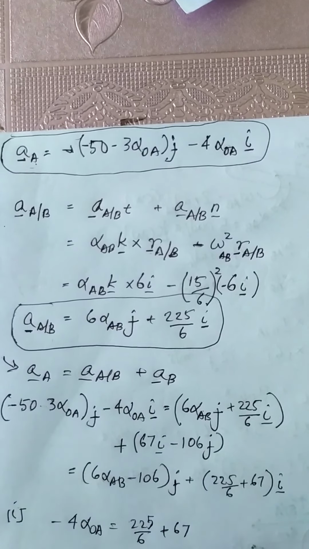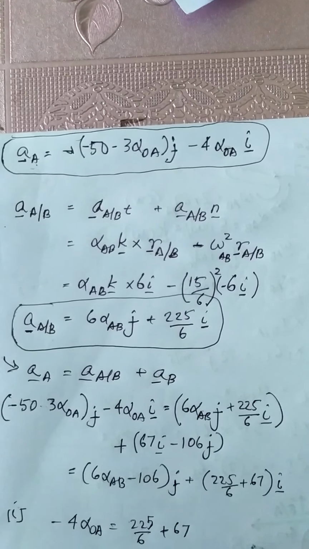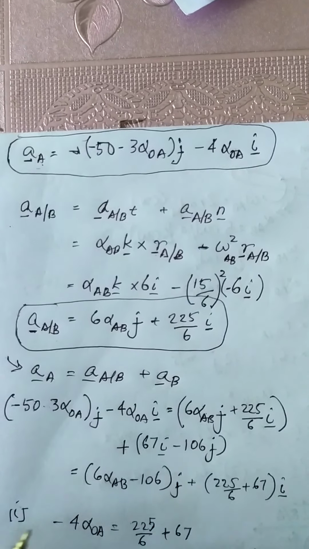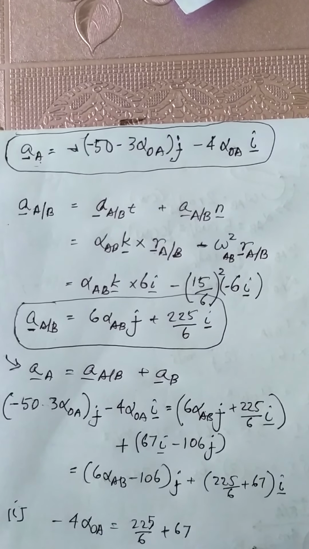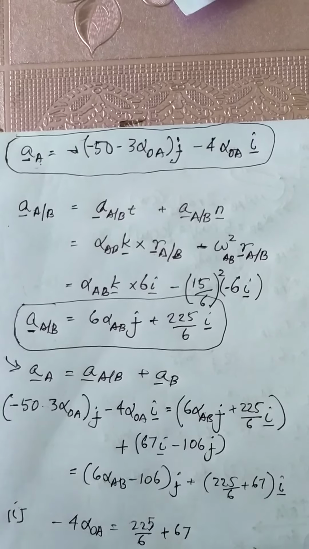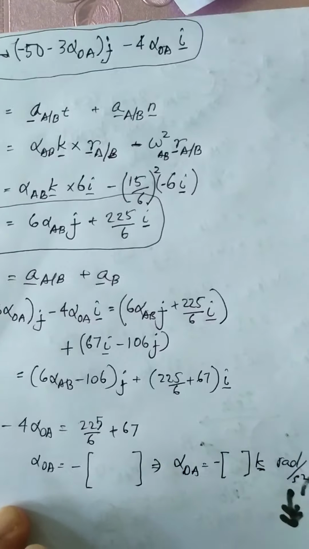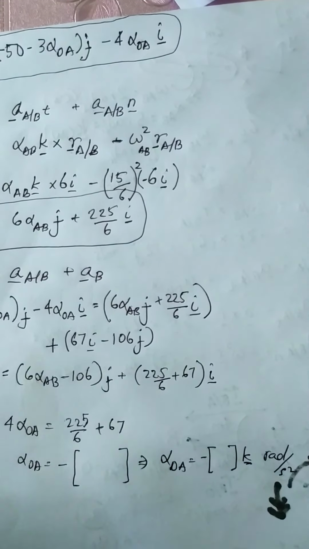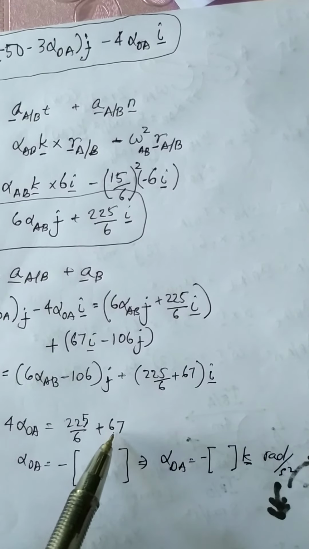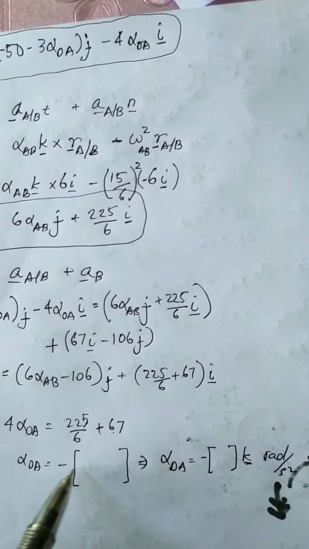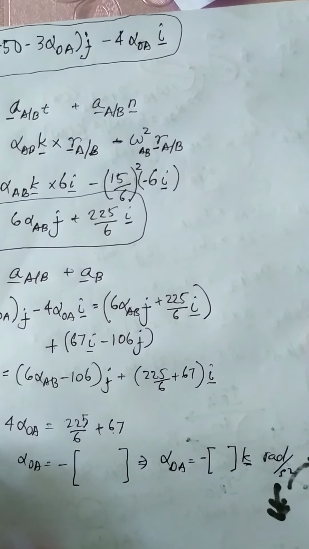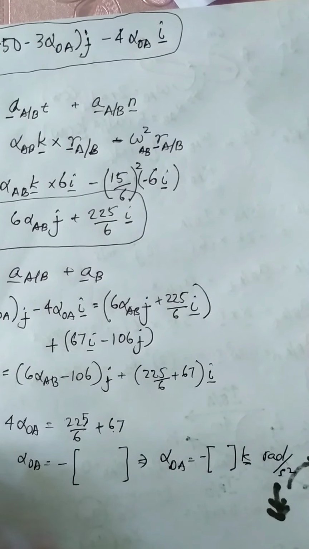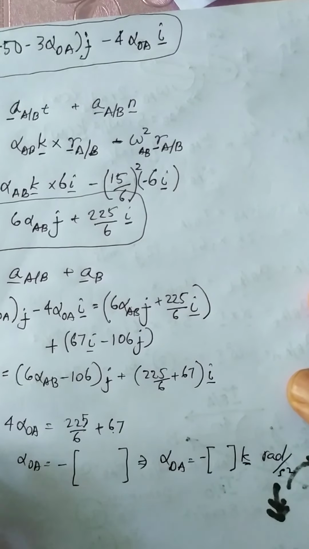Then you can get alpha OA k equals negative something, radian per second squared. So you can solve this, and you get alpha OA as a function of something here. And similarly you can get alpha AB from the j expression.